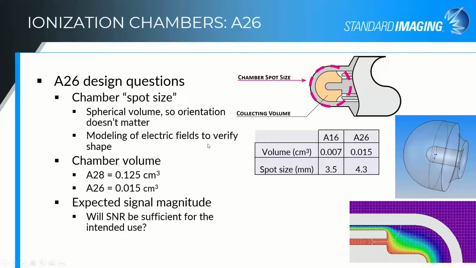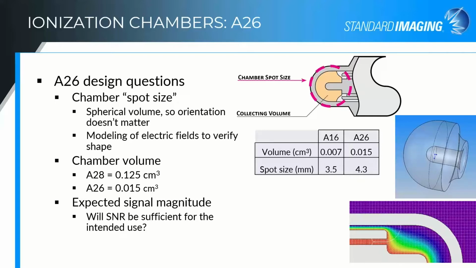We were able to get it to a spherical spot size so that your angular orientation doesn't matter. It is independent of that. We modeled the electric fields to be sure that that shape was what we expected it to be, not just counting on the machining itself.